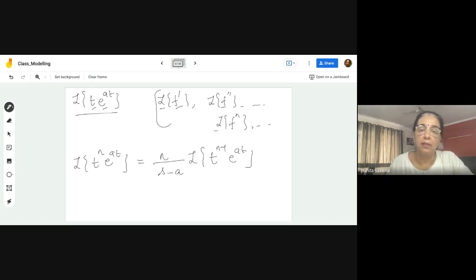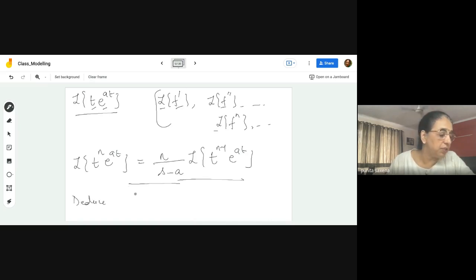Okay, this is what you have to prove. This is not a big deal, right? This is still simple, but look at the second part. Then using this we have to deduce something.